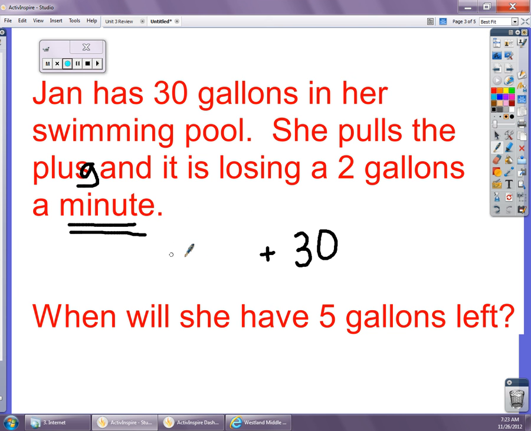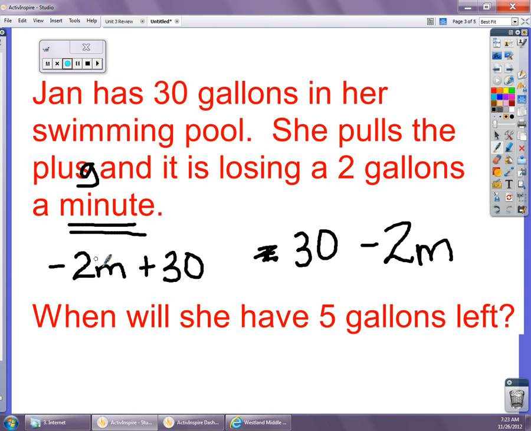So you could say 30 minus 2 times a minute, or I could have said negative 2m plus 30, because the 30 is positive, but I'm losing 2 every minute. And when it's every minute, you're going to multiply. So after 2 minutes, I would do negative 2 times 2 to see how much I lose.